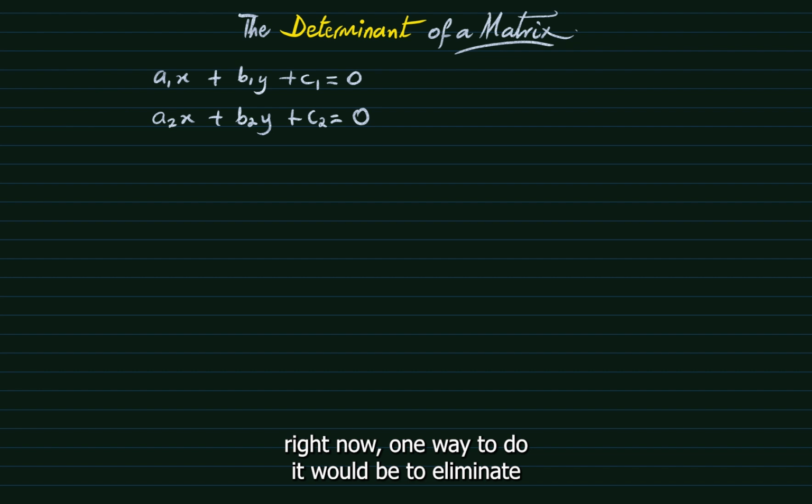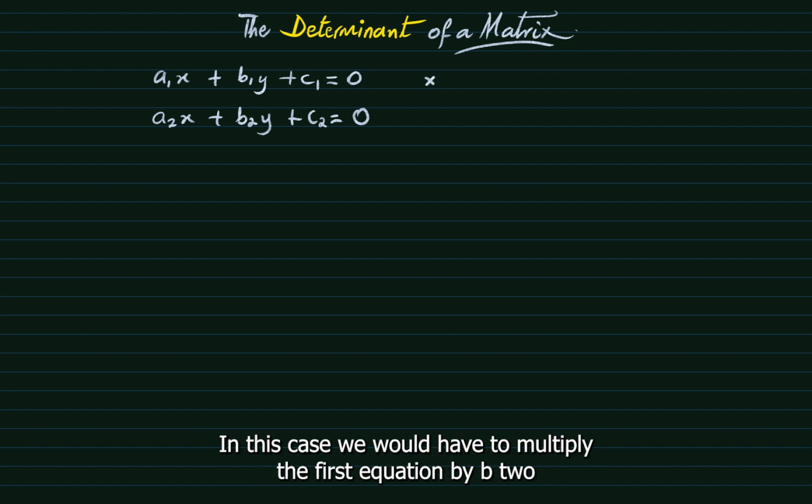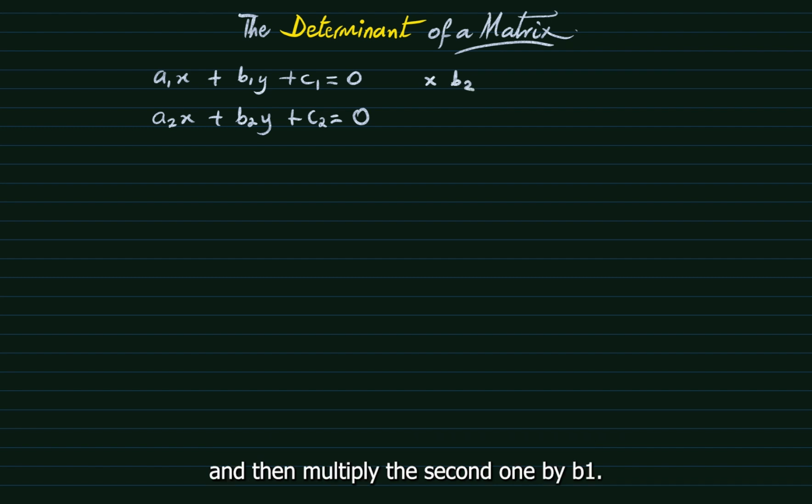One way to do it would be to eliminate y and then find x, and then afterwards substitute to find y. Say we wanted to eliminate y. In this case, we would have to multiply the first equation by b2 and then multiply the second one by b1.